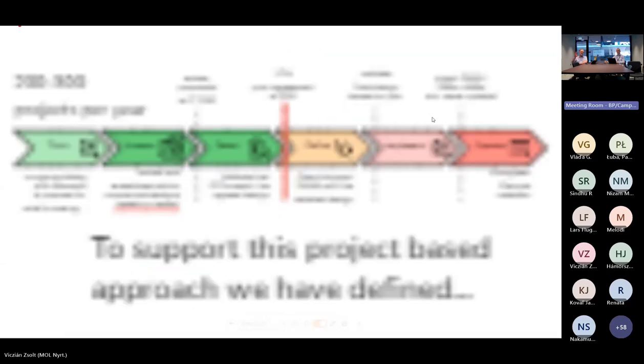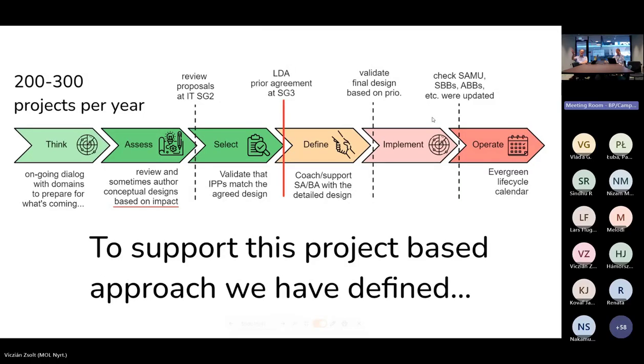And so for this, we have a project approach. We follow a stage gate approach. You can see the 5 stages of our approach. And at stage 3, which is the point where the investment proposal for a project is approved, that's where the Group Enterprise Architect has a prior agreement role in our approval workflow.